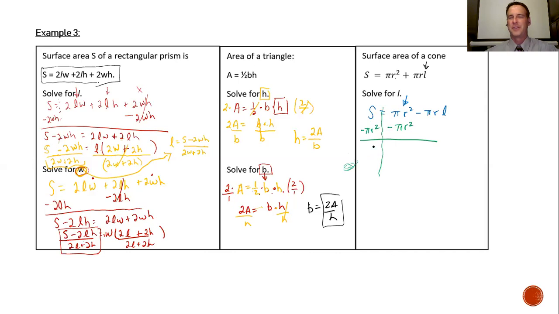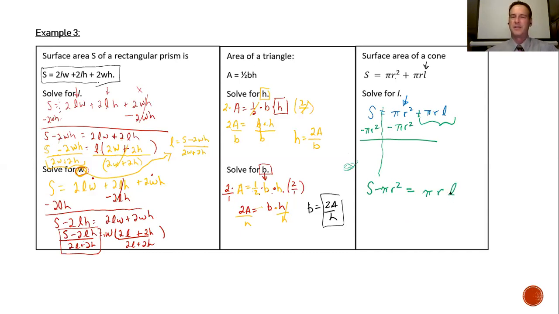Okay, so on this left side, I can't do much with that. It's just s minus pi r squared. And then is equal to, and then you have to bring this whole guy down. And the part you have to be careful about is whatever sign here also comes down here. And it is a plus sign, so it's just pi r l.